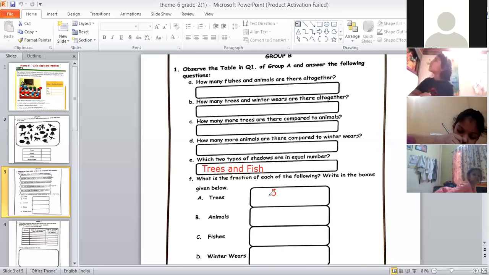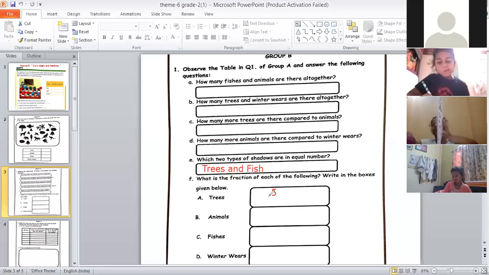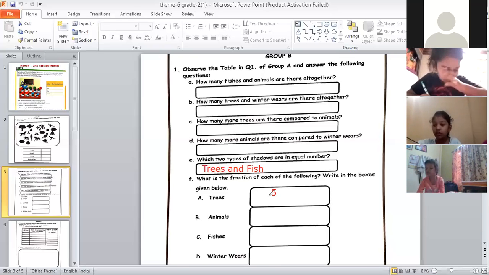You have to count all the shadows together. 1, 2, 3, 4, 5, 6, 7, 8, 9, 10, 11, 12, 13, 14, 15, 16, 17, 18, 19.